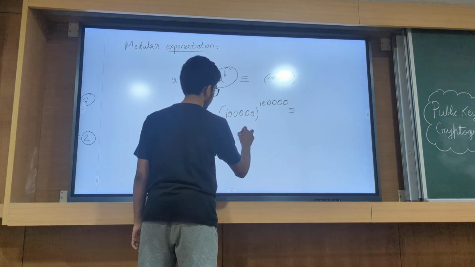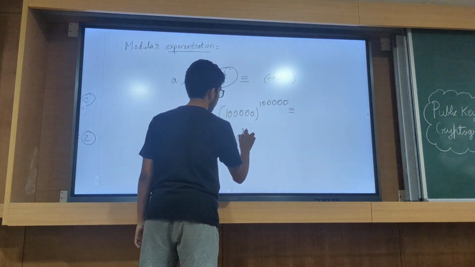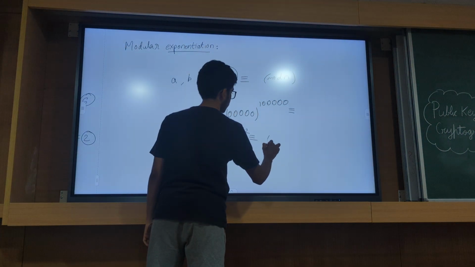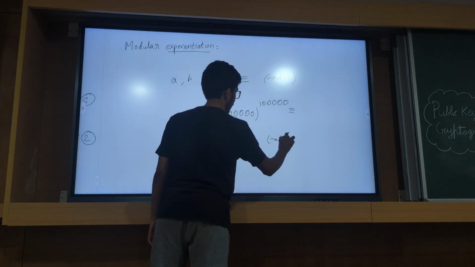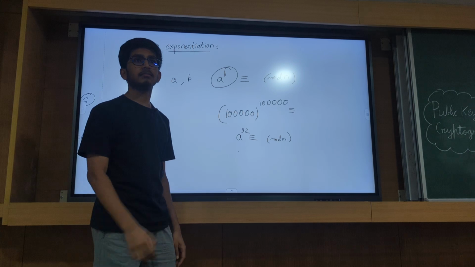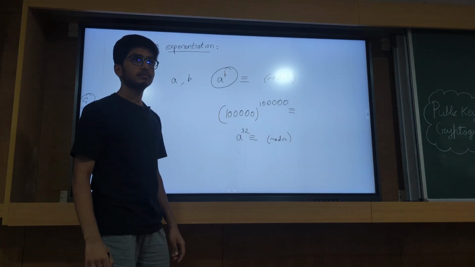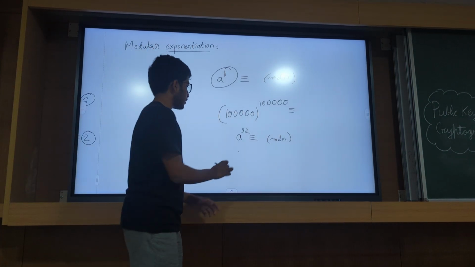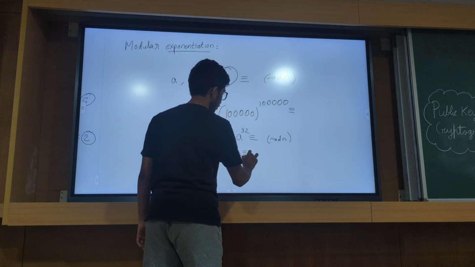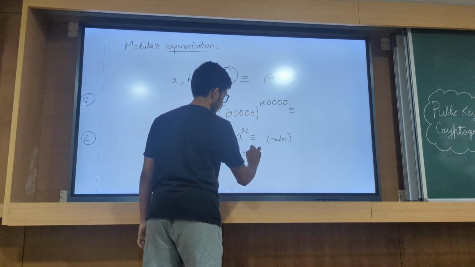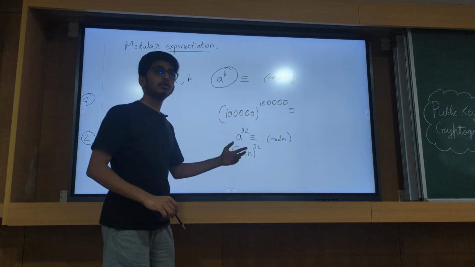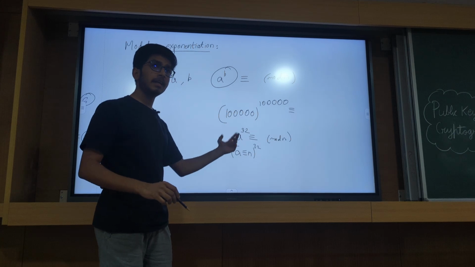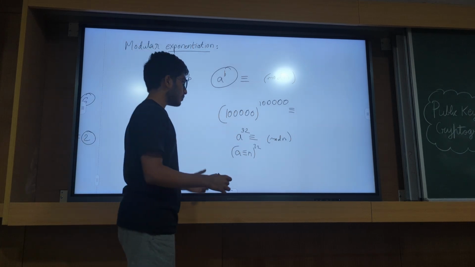Let's say you have to find a power 32 modulo n. Then a modulo n raised to 32. Yeah, that is there, but that won't help so much. One more step that you can take is, when you calculate a square, again take modulo n. At each step you take modulo n.